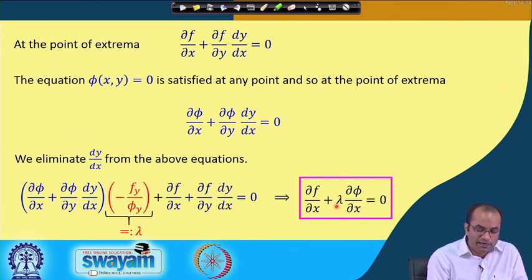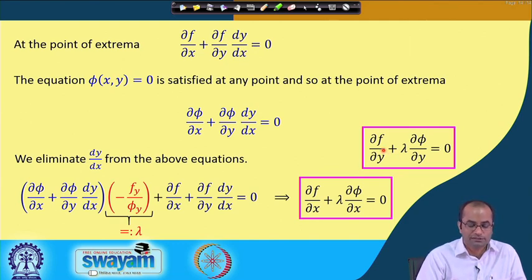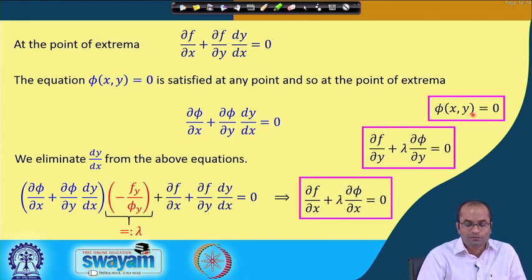Another one, since lambda has appeared here, we have this relation from here that del f over del y is equal to this phi y into lambda, which is the relation here. So, we have another relation which has to be satisfied, and we have this equation phi x y is equal to 0. So, we have these three equations which have to be satisfied at the point of extrema.